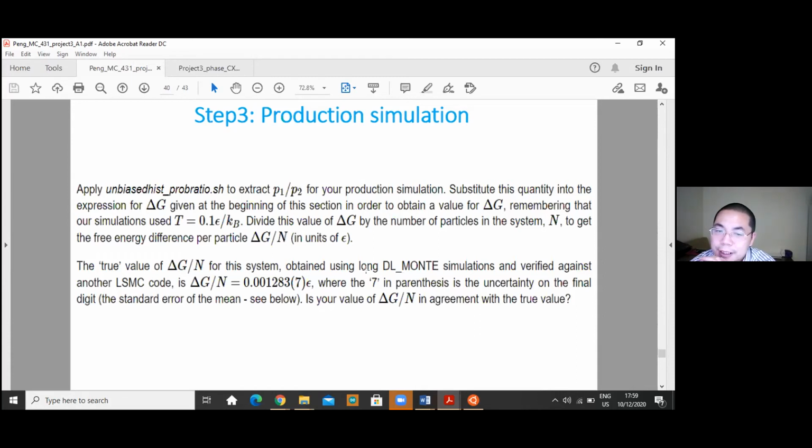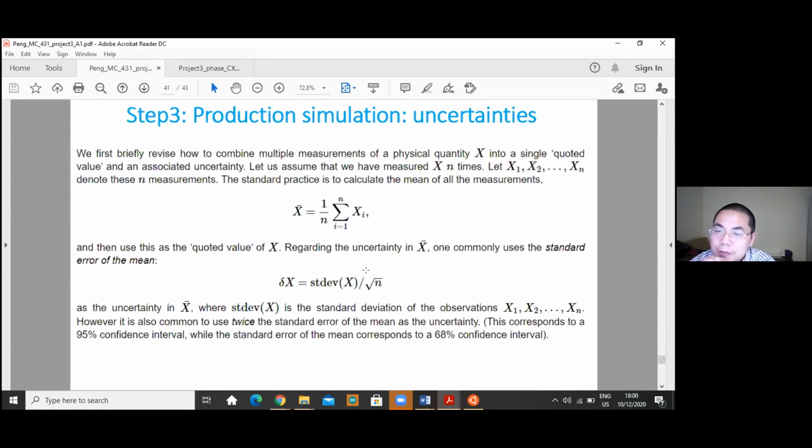So how will this number, these digits, be used? Please go forward to the next slide, because this one you divide with the standard deviation, right? We say it's related to the standard error.